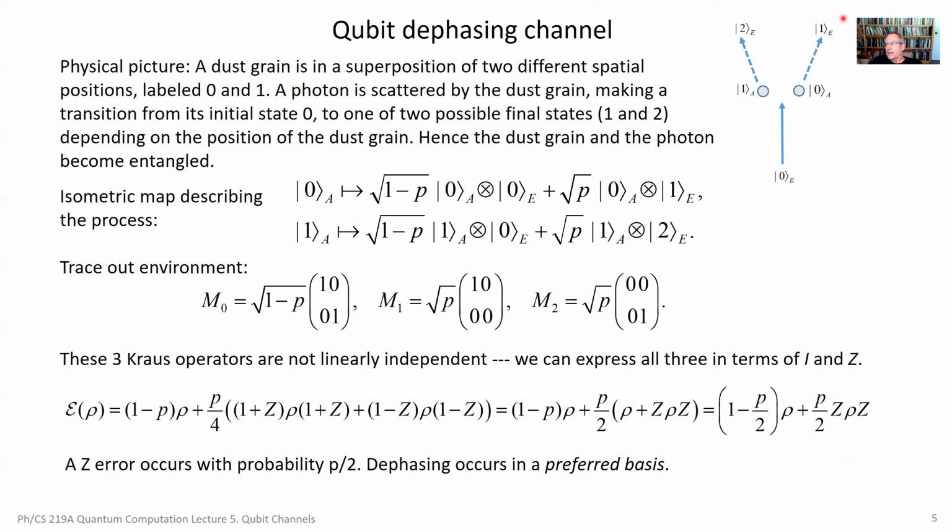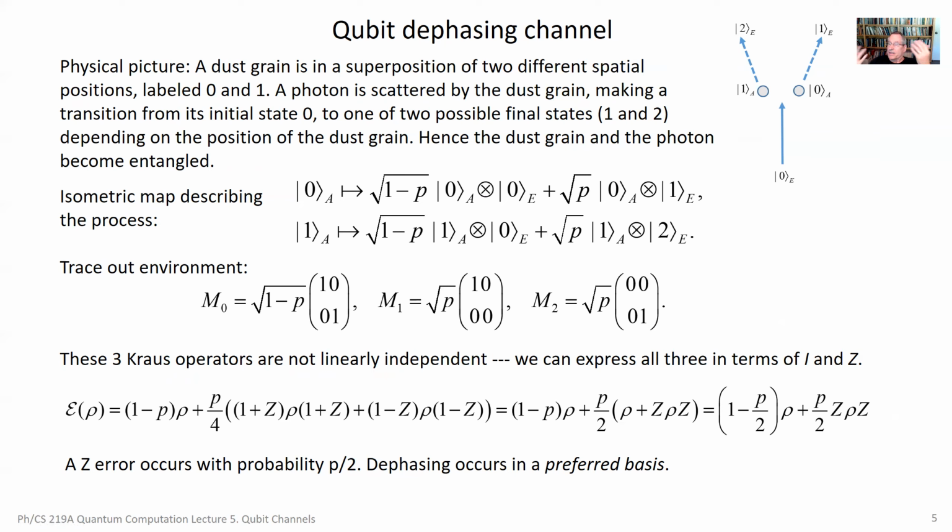If the dust grain is in the position that I'm calling the state 0, then the photon gets scattered to a state 1. And if the dust grain is in the position corresponding to what I'm calling state 1 of the qubit, then the photon scatters to some other state 2. And I'm going to take 0, 1, and 2 to all be distinguishable or orthogonal possible states of the photon.